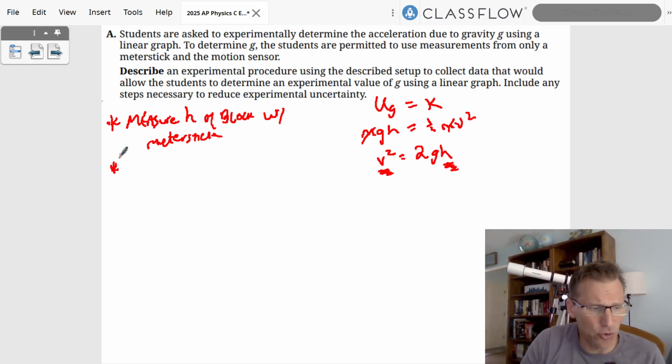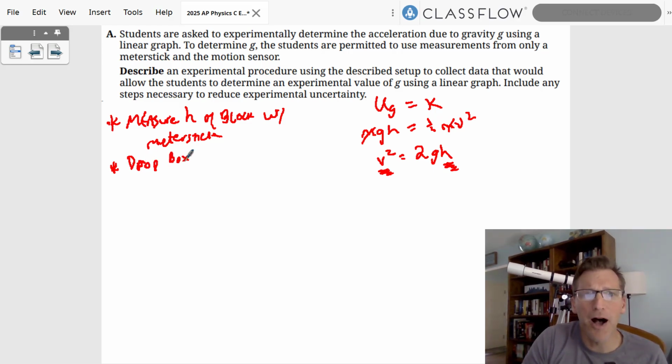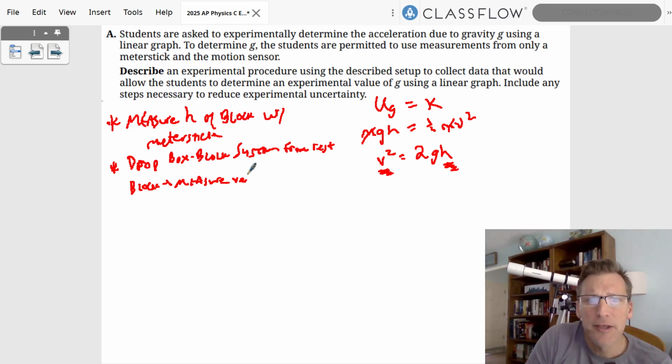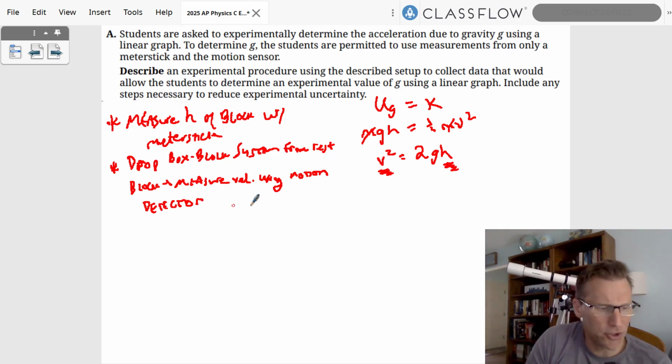And next thing, you're going to drop the block system from rest. We want to make sure we're going from rest, and as the block comes out, we're going to measure the speed, the velocity, using the motion detector, or the motion sensor right there. Sorry about my writing here.